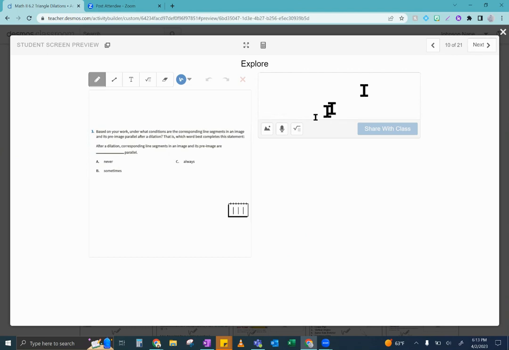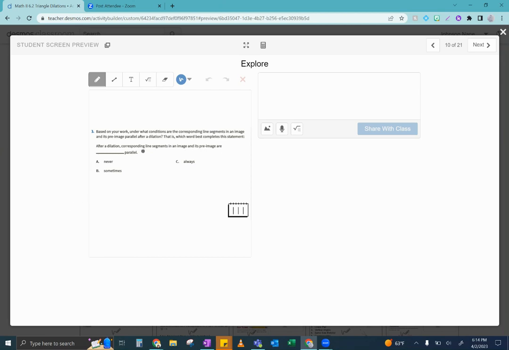Okay, number 3, it says, based on your work, under what conditions are the corresponding line segments in an image and its pre-image parallel after dilation? That is, what word best completes the statement? After a dilation, corresponding line segments in an image and its pre-image are always, sometimes, or never parallel. What do you think?